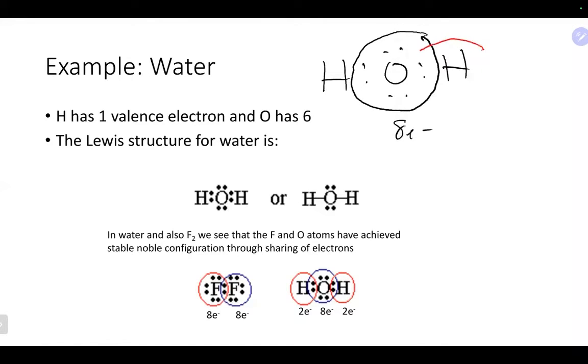Each of the hydrogens, by sharing with the oxygen, gets 2 electrons, which, as we just talked about, is exactly what hydrogen needs. So everybody here sharing electrons, all 3 elements, the hydrogen, the oxygen, and the other hydrogen, have now all achieved that noble gas configuration, and it's very happy in that way. Just like the fluorine there, each of them is getting 8 electrons really through sharing and reaching that noble gas configuration. Any questions on that there?